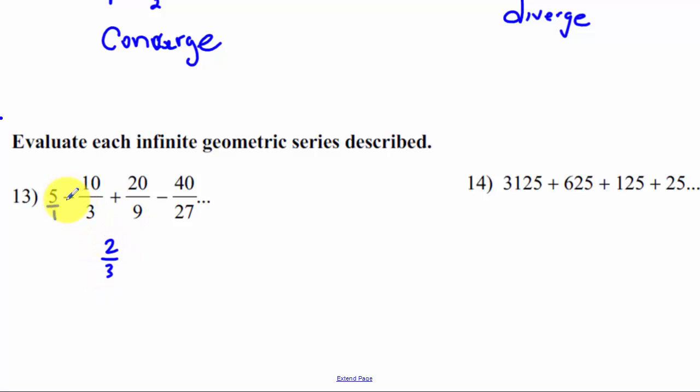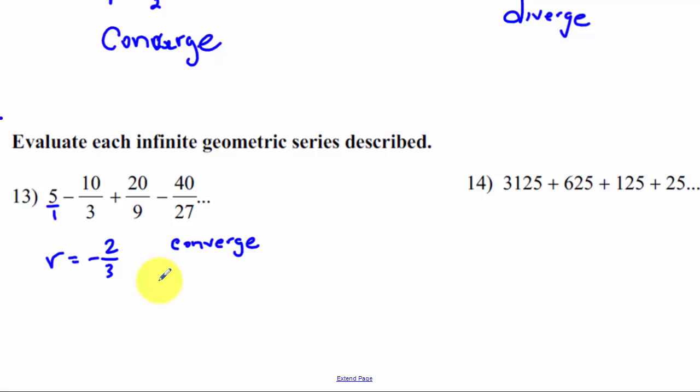And we are alternating signs, so our common ratio is -2/3. Now the absolute value of that is less than 1, so this one will converge. If we have a problem like this and our common ratio is not less than 1, don't use the formula. You'll get a number, but that number will be incorrect. You would just write that there's no sum or that it diverges.